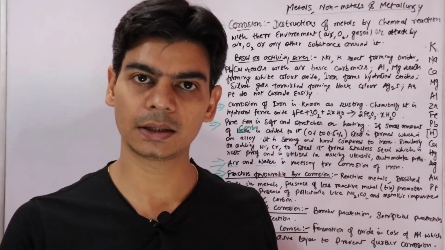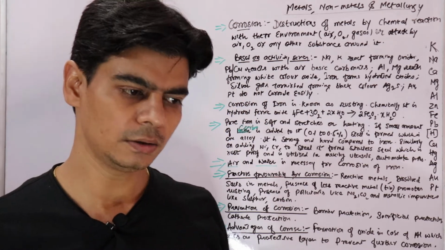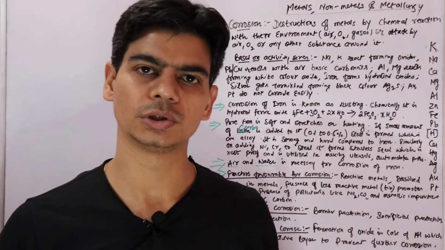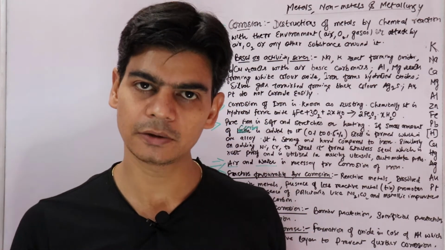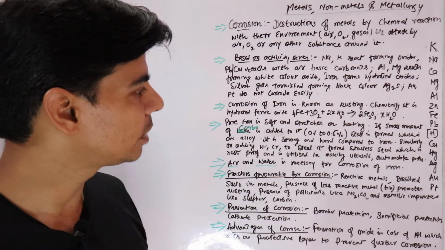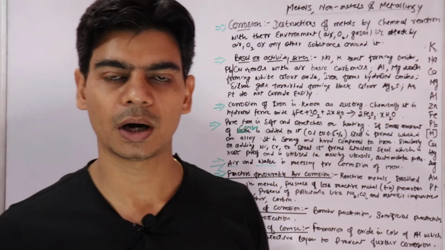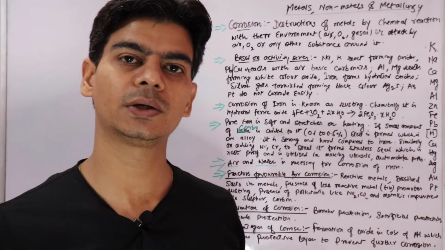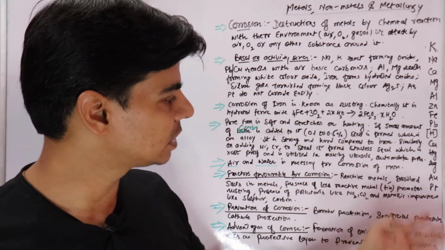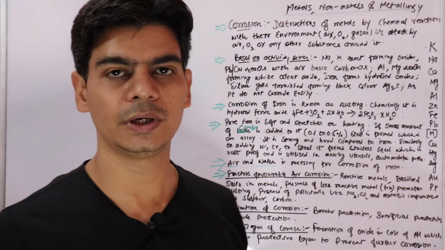So in this corrosion process the metal is reacting, so it depends directly on the reactivity of metals. The more the reactivity of the metal, the more the corrosion. So more reactive metals will favor corrosion. If we look into the electrochemical series, the metals at the top are more reactive, so they corrode easily as compared to metals which are below in the series. Like gold.